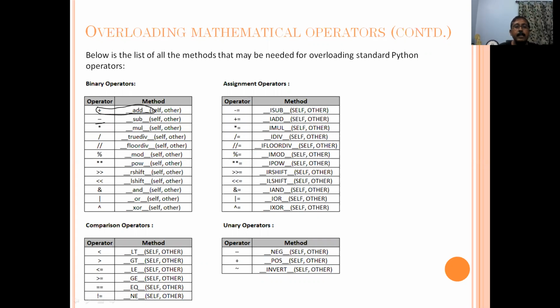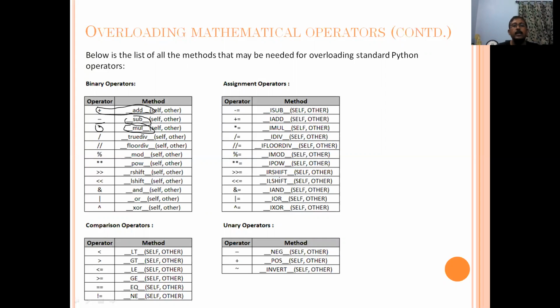In the same way the minus can be overloaded with underscore underscore sub. The asterisk, the multiply operator, can be overloaded with underscore underscore mul underscore underscore. Like this, you have a whole list of the operators and the corresponding methods which need to be defined while doing the class definition, right?